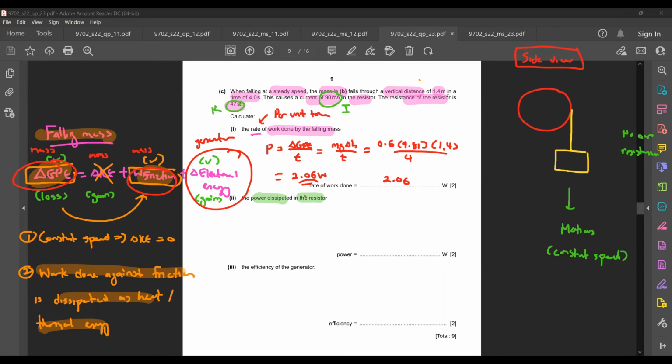This one immediately what should come to your mind is P is equals to I squared R. So in my case, you just be 90 times 10 power minus 3, square the value, then times with 47. 90 times 10 power minus 3 squared times 47, you get 0.38 watts or 0.381 watts now if you want to round it up to 3 SF. This one would be 0.381.